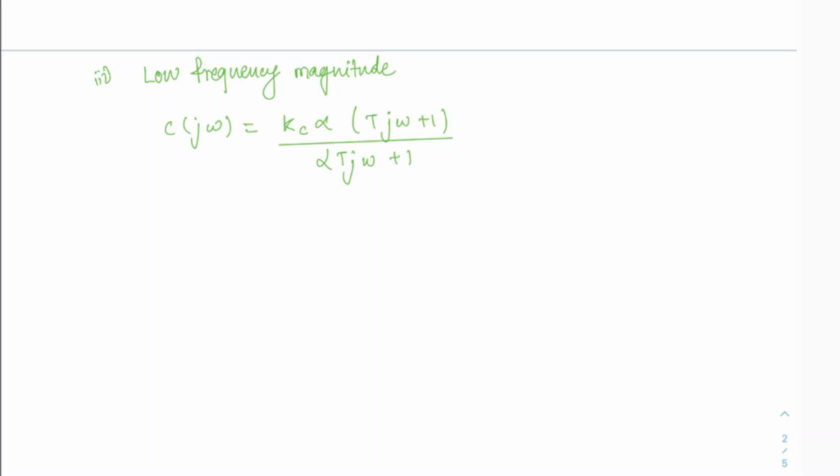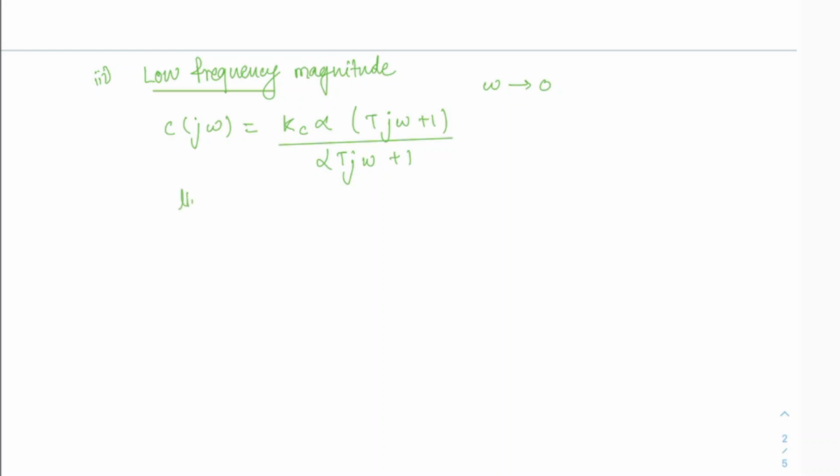Alright, so we have been asked at low frequencies, so that means omega tending to 0. Here there is no indeterminate quantity as omega tends to 0.